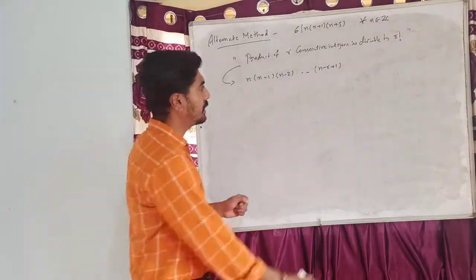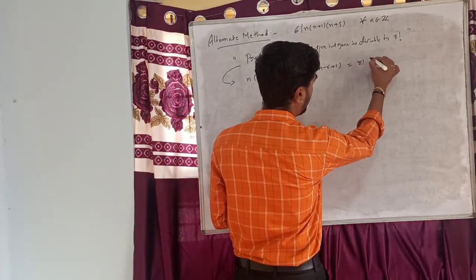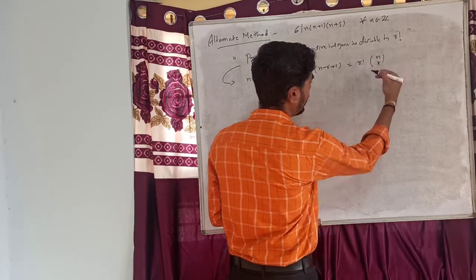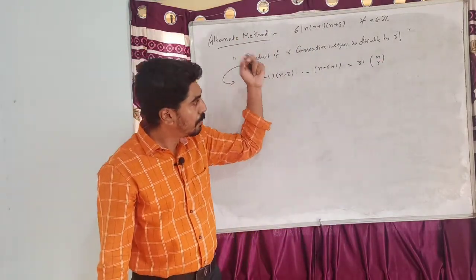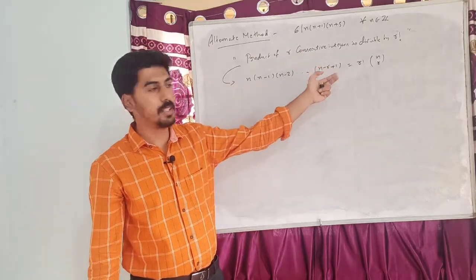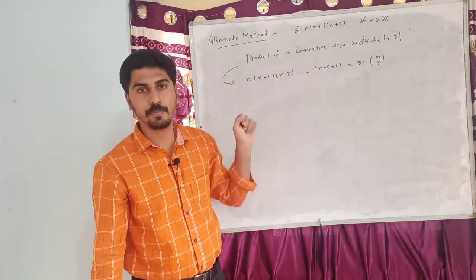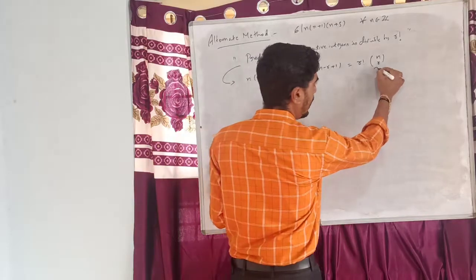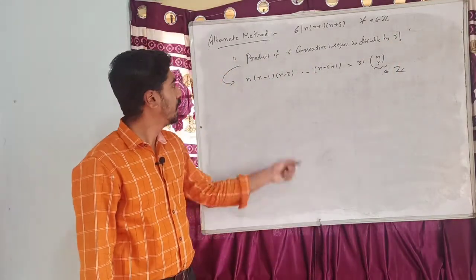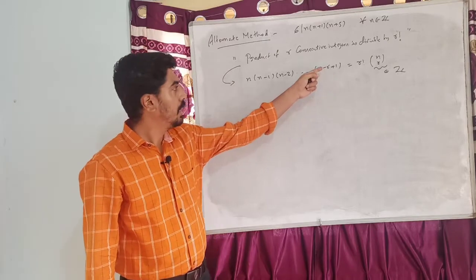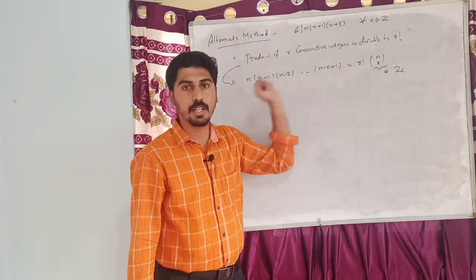This can be written as r factorial into nCr, where nCr represents the number of combinations of n objects taking r at a time. This is clearly an integer. So this product is divisible by r factorial.